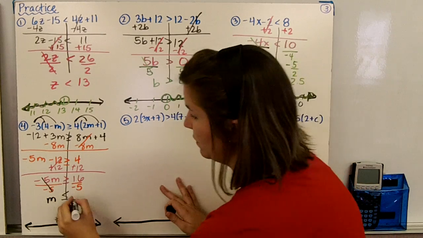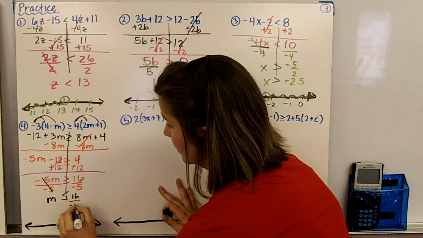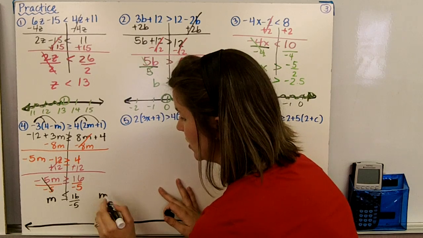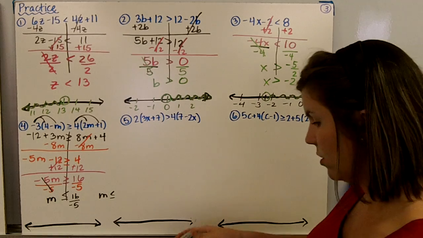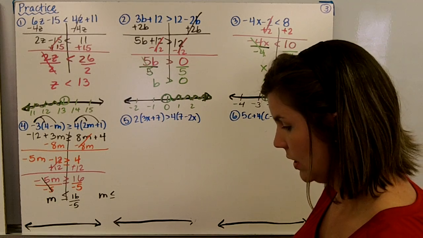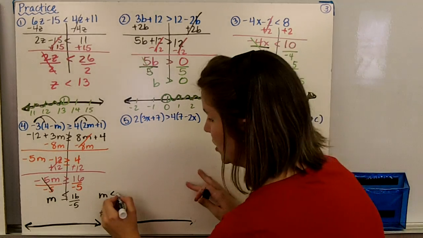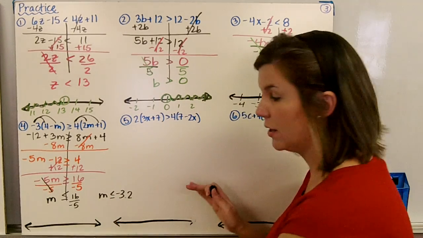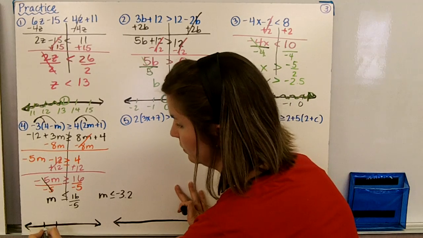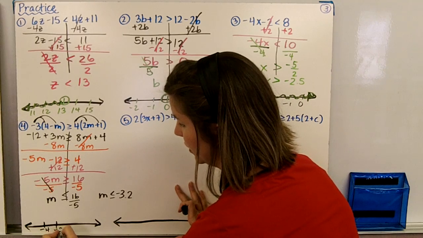16 divided by negative 5. And if you want to change this over to a decimal, you can type it in your calculator. And you get negative 3.2. So I know it's going to be between negative 3 and negative 4, and I can mark that on my number line.